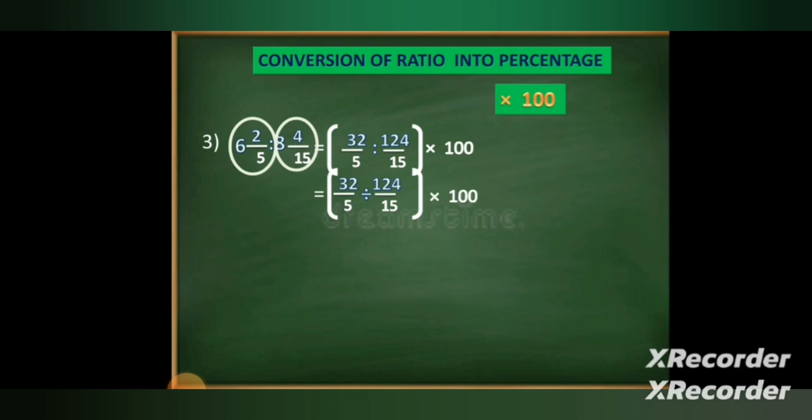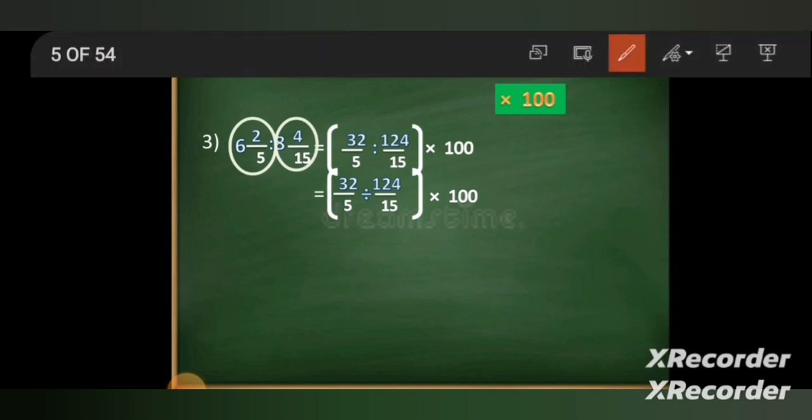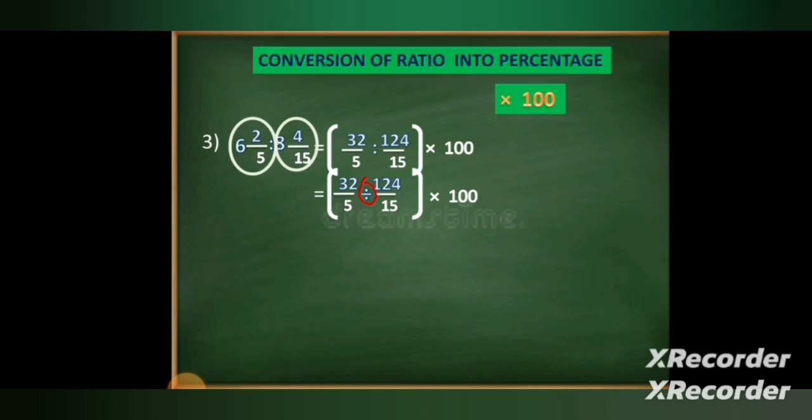Now, as you know, this division sign, how can we change into multiplication sign? By writing the reciprocal of 124 upon 15. So come on. So what I will do? 32 upon 5.